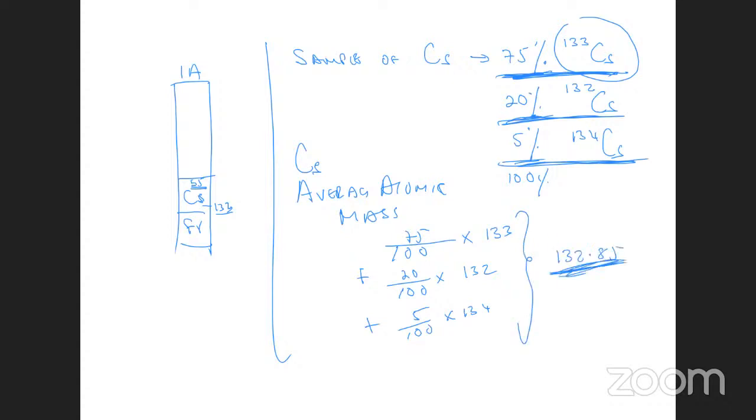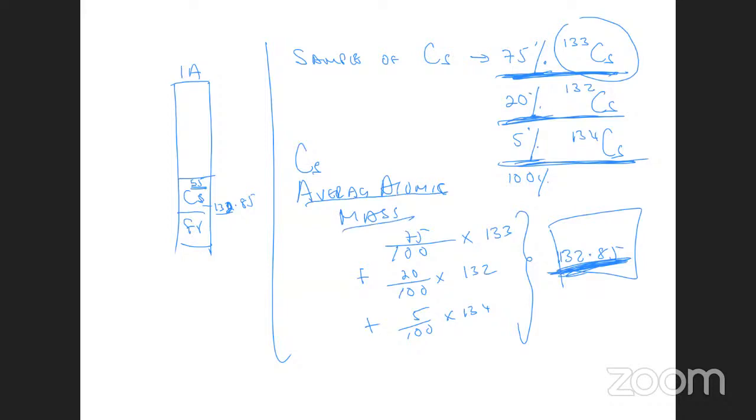That is the number you would see in the periodic table below. So when you are calculating, we round it up or down depending on the number, but this is the actual average atomic mass. All right, so these sorts of calculations you will get for the exam.